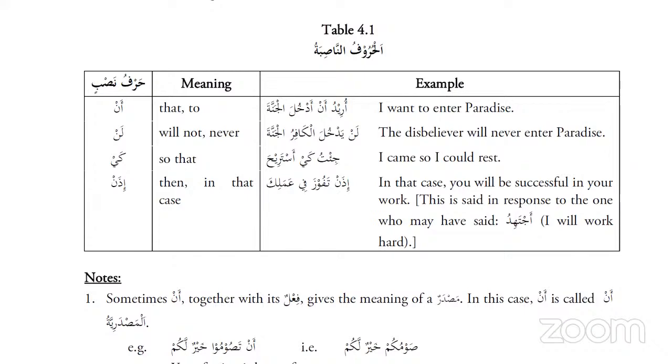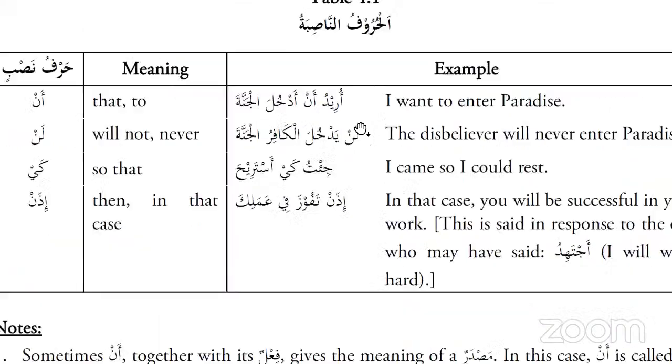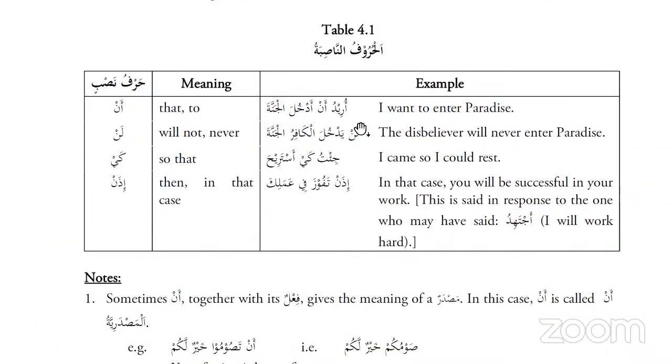The sentences are: Uridu an adkhula al-jannah, meaning I want to enter Jannah. Lan, and the disbeliever: lan yadkhula al-kafiru al-jannah. The disbeliever will not enter Jannah.